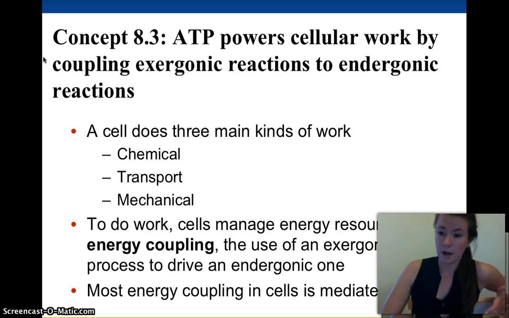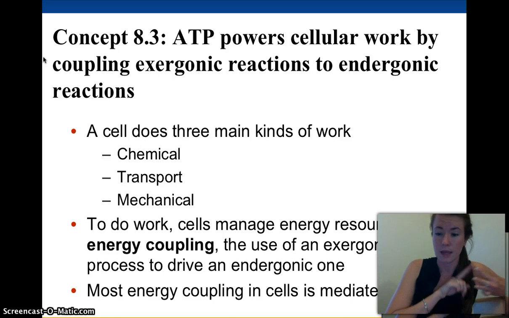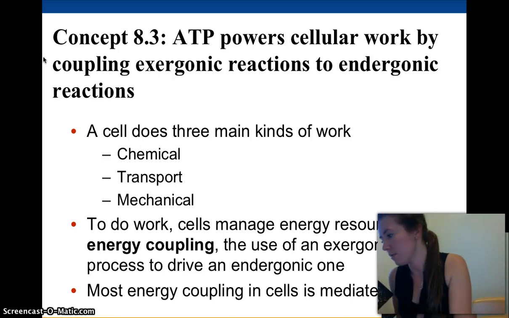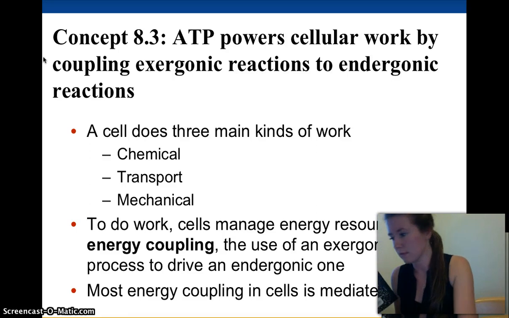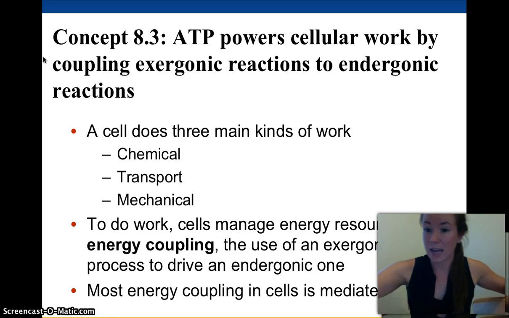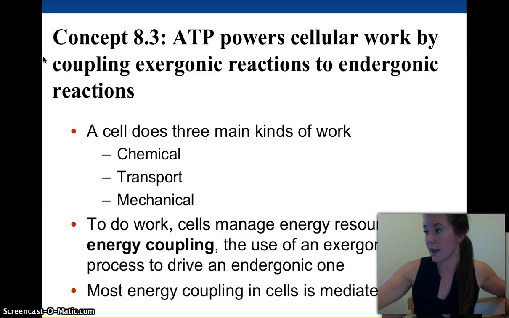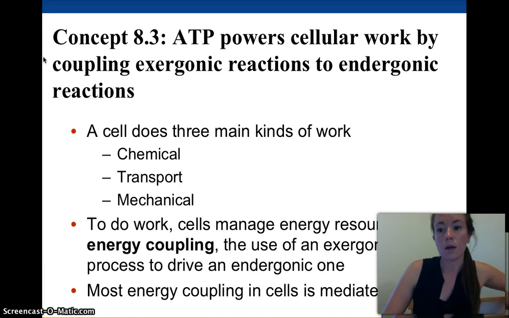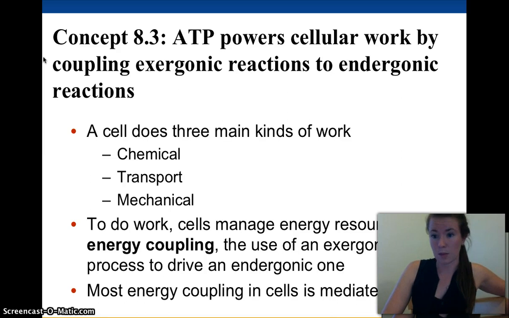So, starting off, your cells do three main kinds of work: chemical work, transport work, and mechanical work. Chemical work is making endergonic reactions happen that wouldn't naturally happen, like building glucose during photosynthesis, building the anabolic pathways.